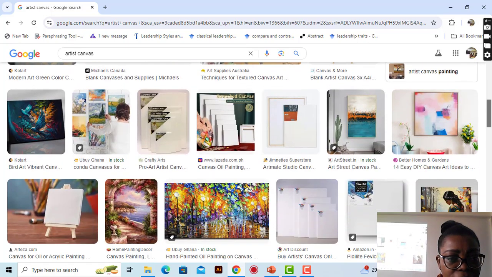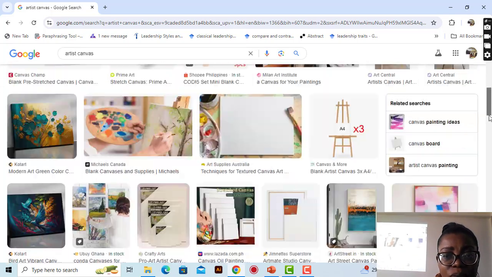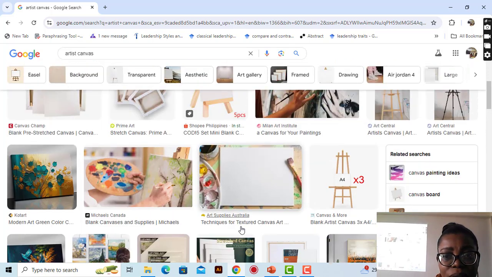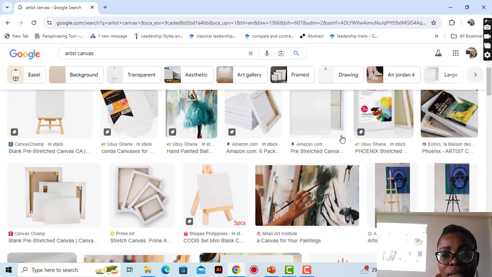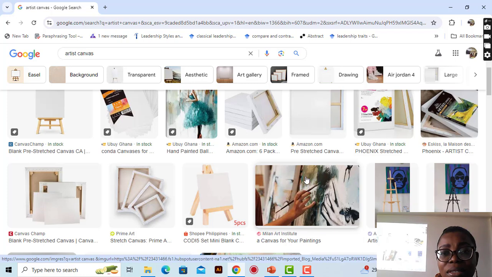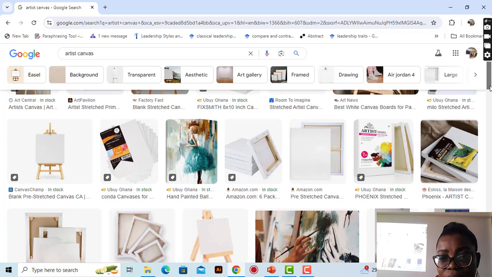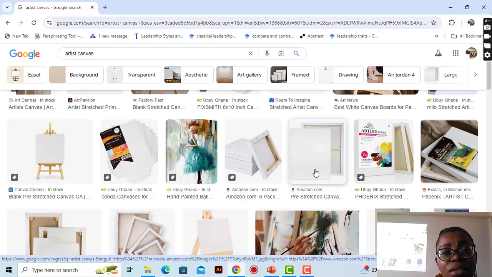This one they've mounted the canvas. This one like this is canvas. It's just plain, like white and off white. Okay, this is an example. See, canvas, but you stretch it. You stretch it on a frame or on a board before you start painting. So that is how canvas looks.